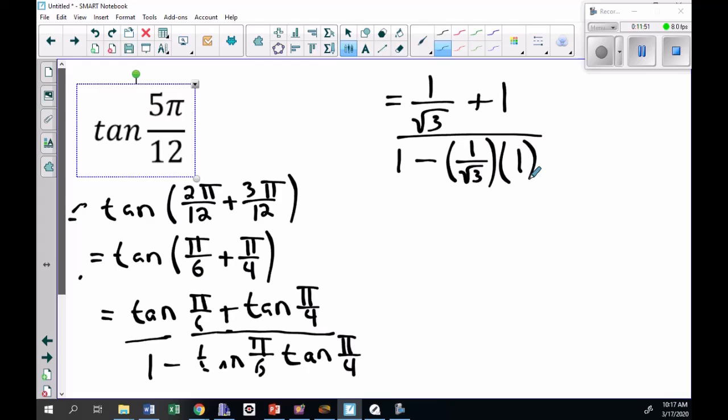Now, how many steps you have to do in here depends on each person. When I'm looking at this denominator, so I'm just going to do some little side work here. 1, well, I need to have as a denominator of square root of 3. So really, that's the same as having square root of 3 over square root of 3. So that's going to save me some time right there. Why that's important is I can actually then add this 1 value, plus it's really going to be square root of 3 over square root of 3.